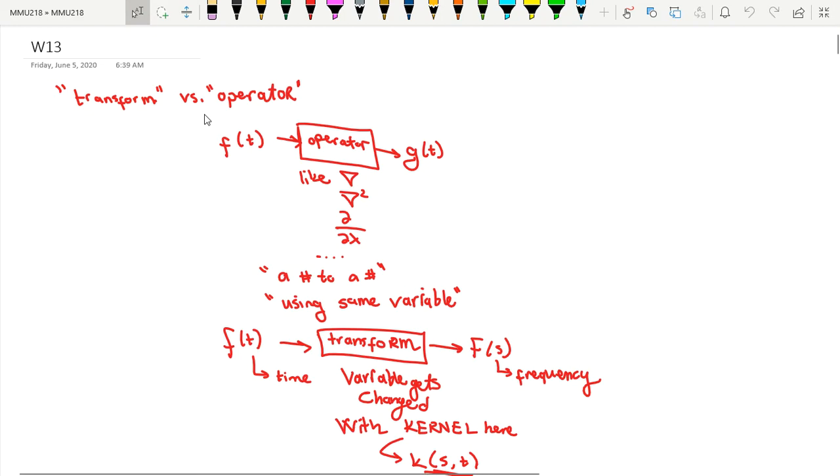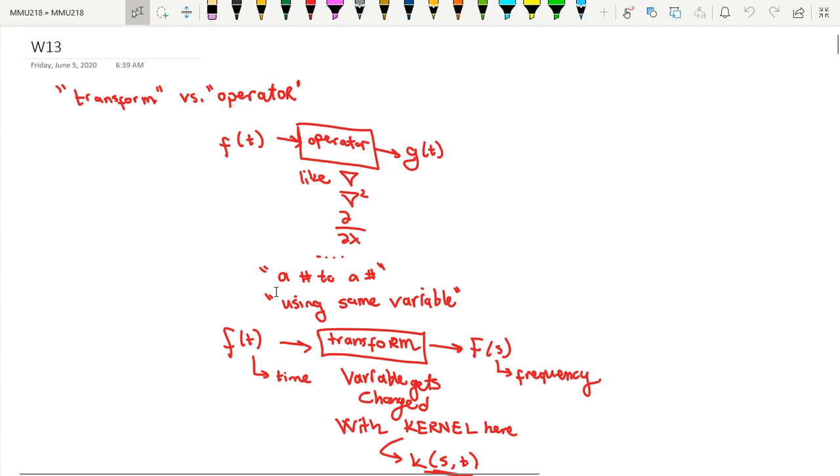An operator is something that takes in a function, spits out a function, but those two functions are dependent on single or multiple variables, but the variables are same in each case. So I could be looking at a gradient function, a derivative function.